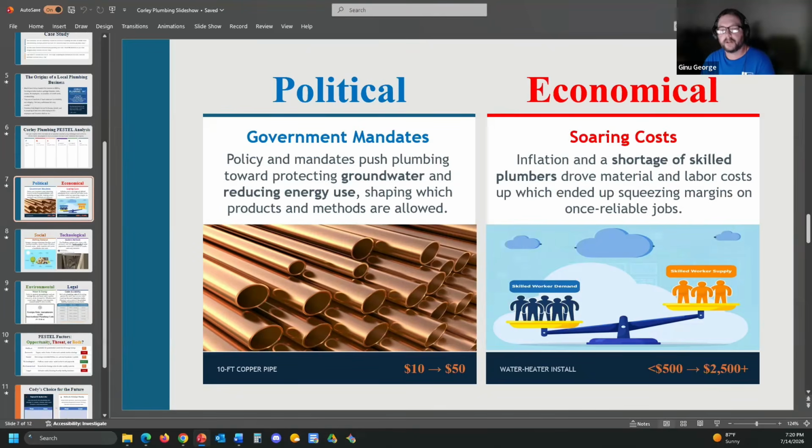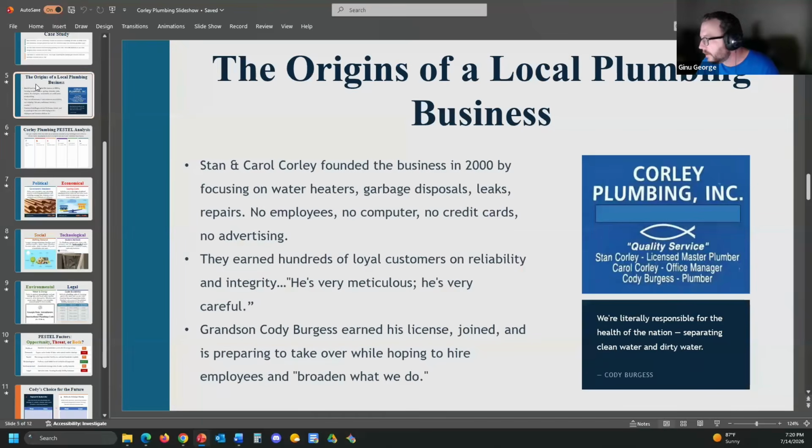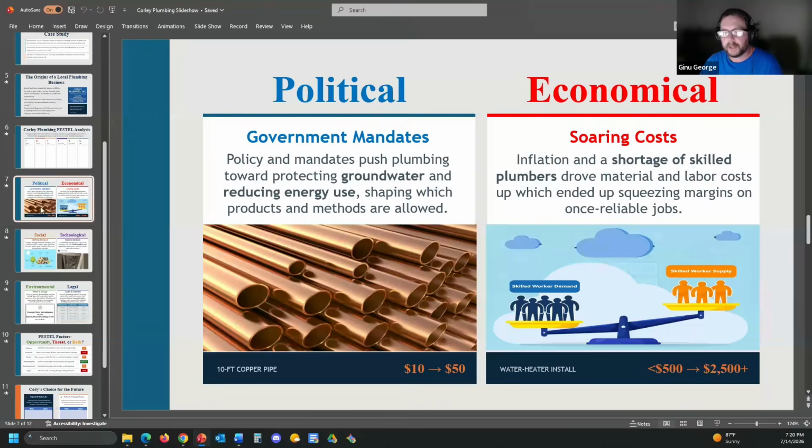Under economic, we also can think about workers, right? What's the son's name? I forgot the grandson's name. Cody. Cody wanted to bring in some extra workers, thinking about bringing in skilled workers, right? I would argue that there's no such thing as an unskilled job, but you need a lot of people trained in plumbing in order to work here.